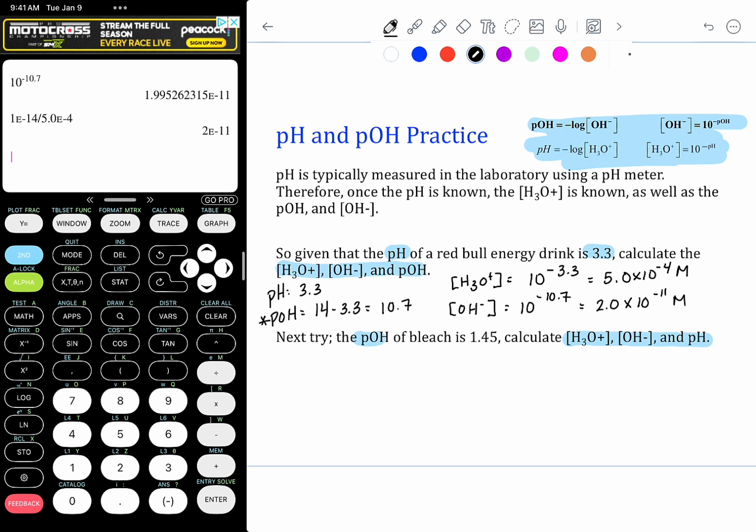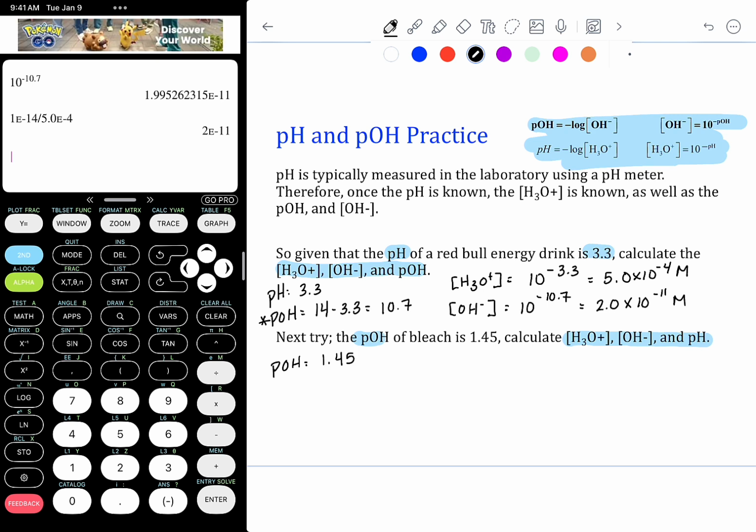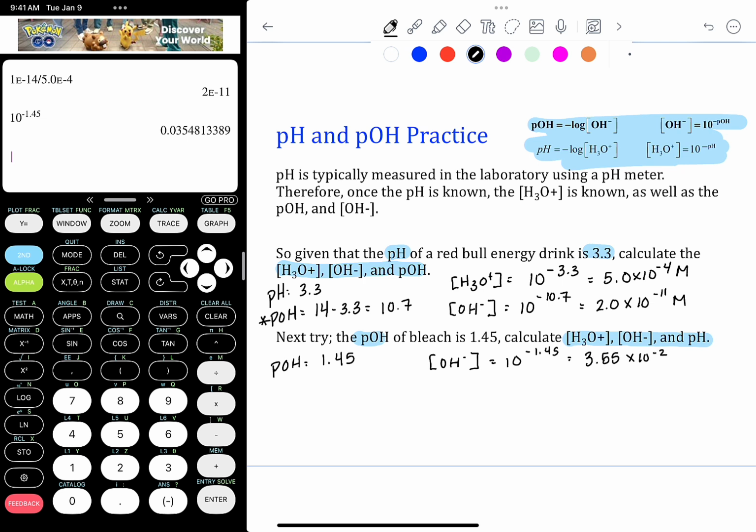Okay, then for our next one, we have pOH is equal to 1.45. We could do it this way. Let's find OH minus. So we do 10 raised to the negative 1.45. So we get 3.55 times 10 to the minus 2.